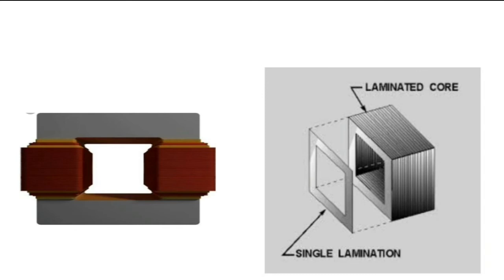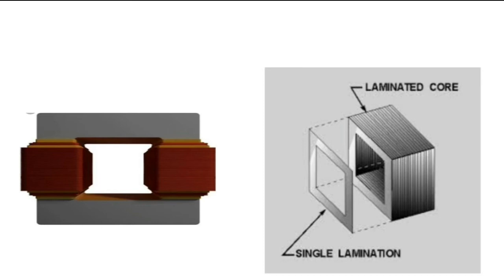Actually, in the making of a transformer, we have a metallic core over which two sets of coils are wound. That metallic core can be a solid one, but in order to reduce the loss of energy in the form of heat, laminated cores are used in transformers.